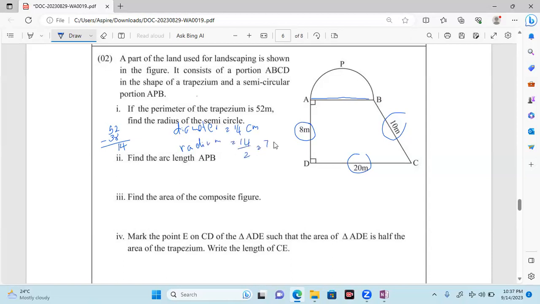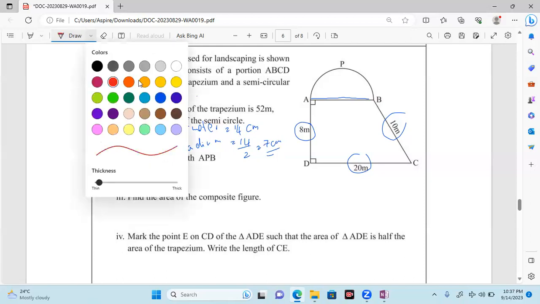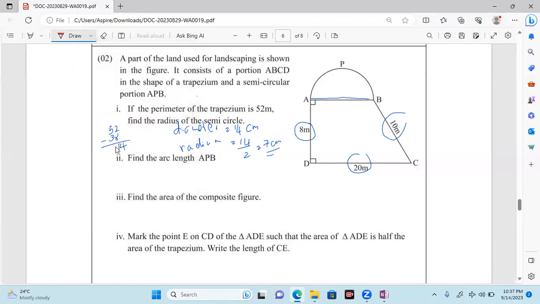Answer is 7 centimeters. Okay. For obtaining this, you are given 3 marks. For these two calculations, 1 mark. For obtaining diameter, 1 mark. For dividing by 2, 1 mark. Altogether, 3 marks are given.